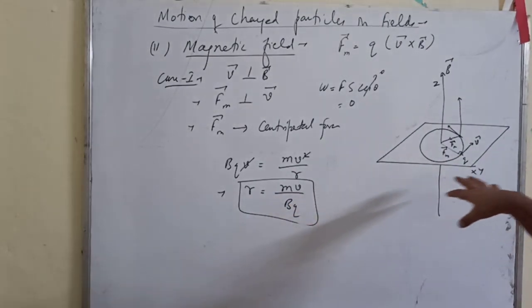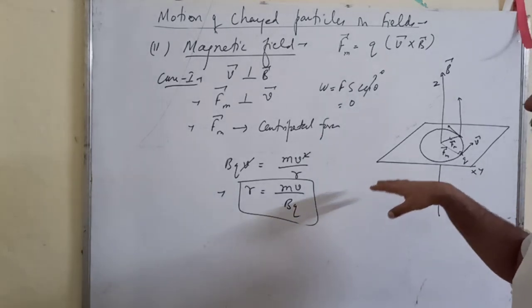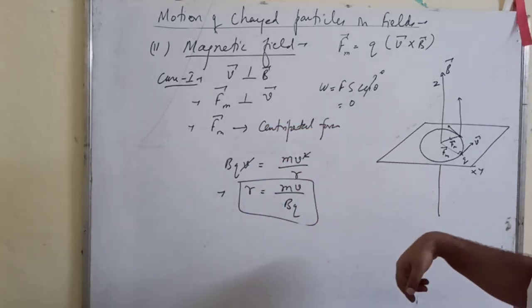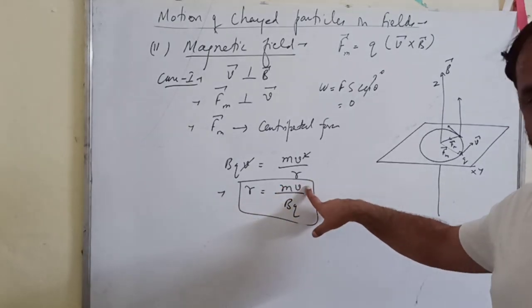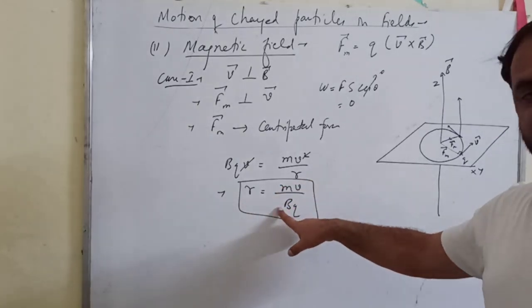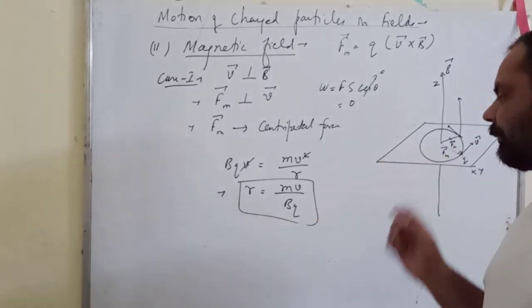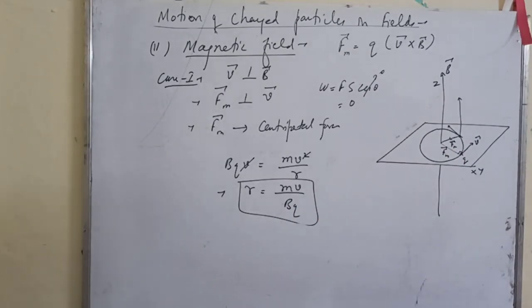So if a charged particle enters a magnetic field, how much will be the radius of that circular path? It depends on the mass of the charged particle, the velocity of the charged particle, the strength of the magnetic field, and the strength of the charge.